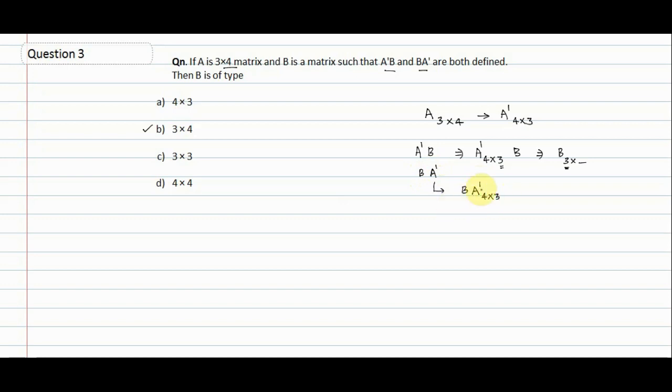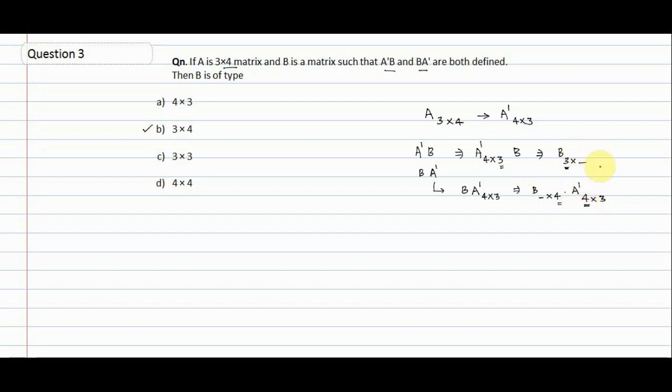This multiplication is possible if and only if the number of columns of B is equal to 4, because we can multiply B with A dash if and only if the number of columns of B is equal to number of rows of A dash.